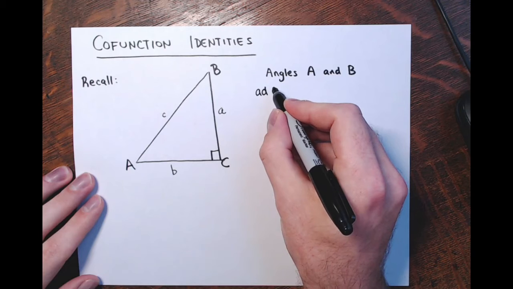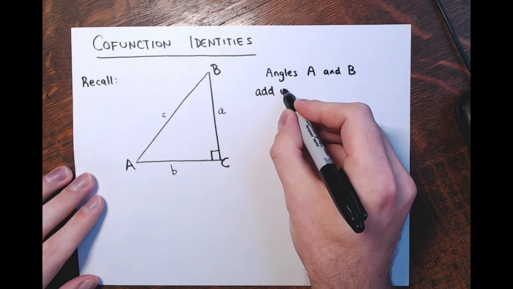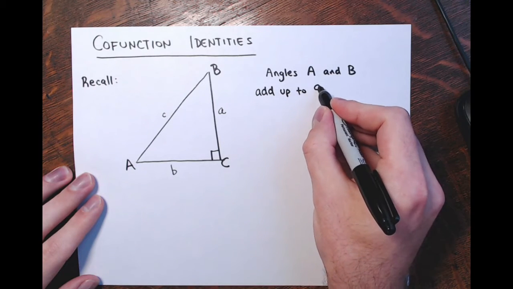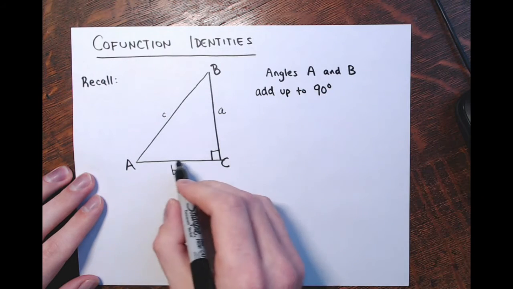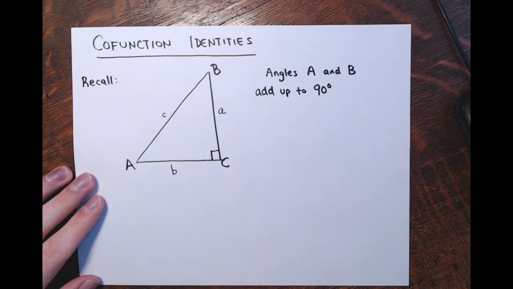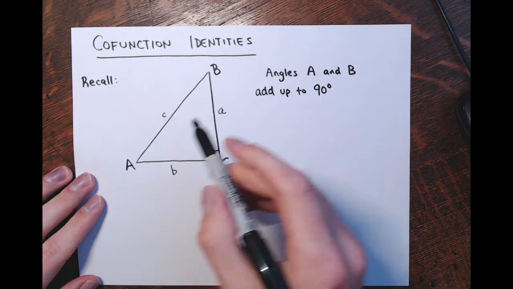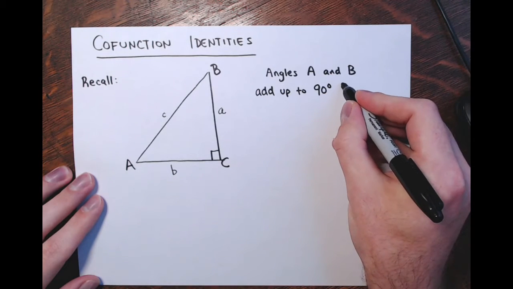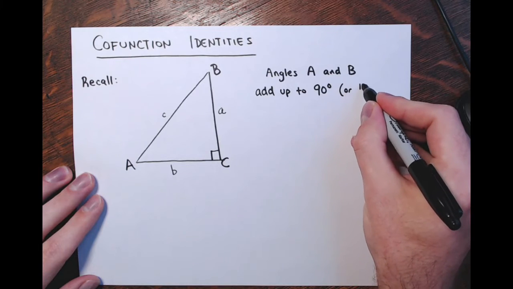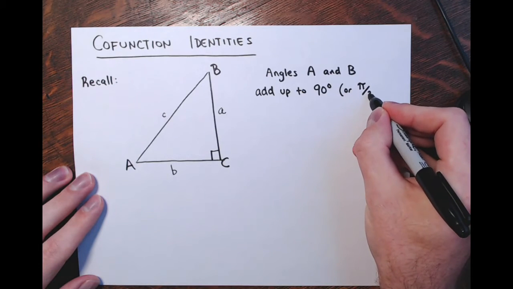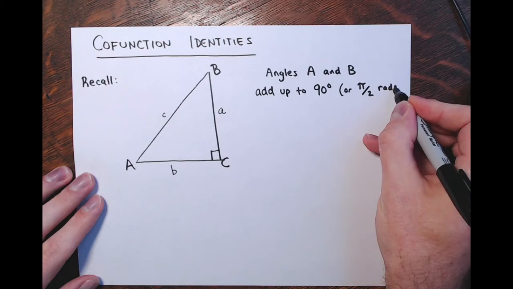Their measures, I should say, add up to 90 degrees. Remember, because in a triangle, all three angles have to add to 180, and angle C is already 90. So these two have to add to 90 degrees, or if you're talking radians, pi over 2 radians.